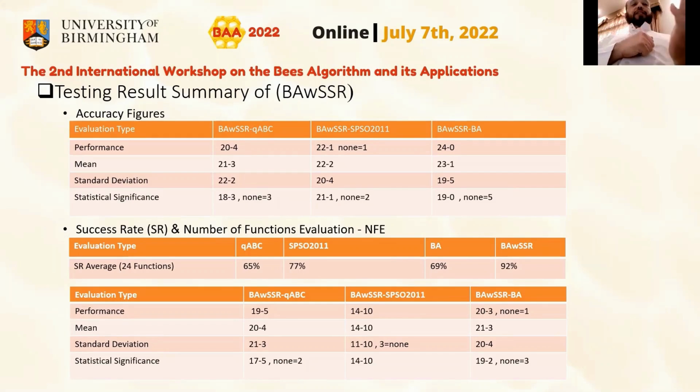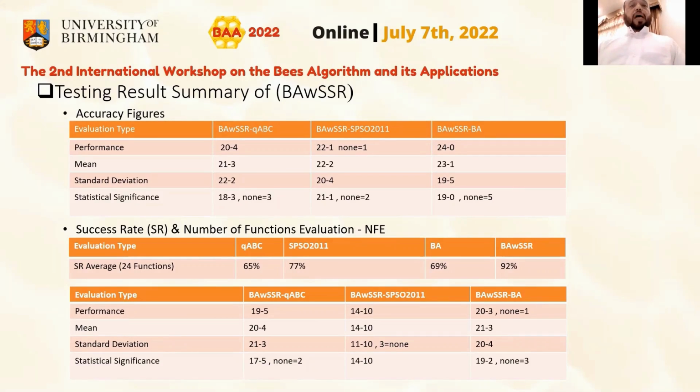The success rate shows that the proposed algorithm performed very well. It was able to converge in 92% of the benchmark functions, while QABC, for example, 65%, SPSO 2011, 77%, BA only 69%.